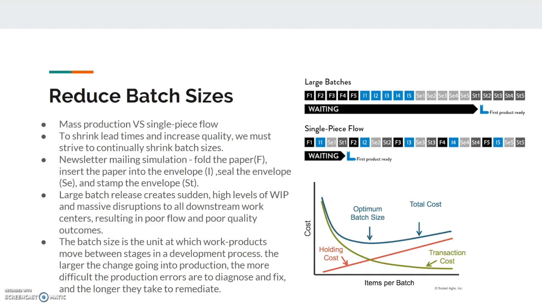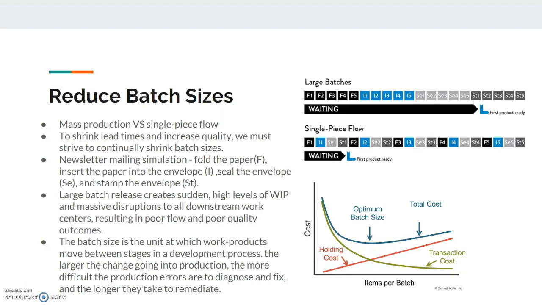And in the large batch workflow, you would do all the first steps, move on to the second step, do all of those for those newsletters, and then the wait time to get a final or first product ready is much longer because you don't have a first product until you start the 4th step there, versus if you're doing a single piece flow, you do each step one time, and then the wait time is much less, and if there's any kind of issue with those steps, that can be discovered much sooner.